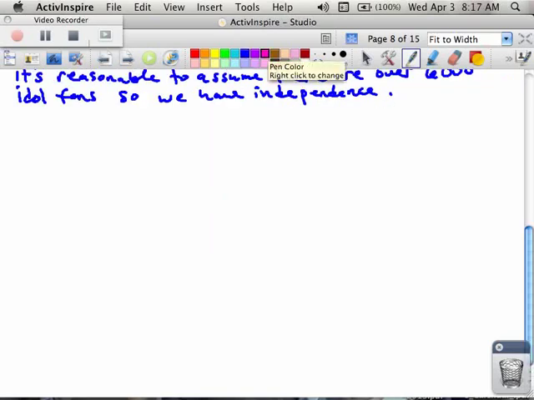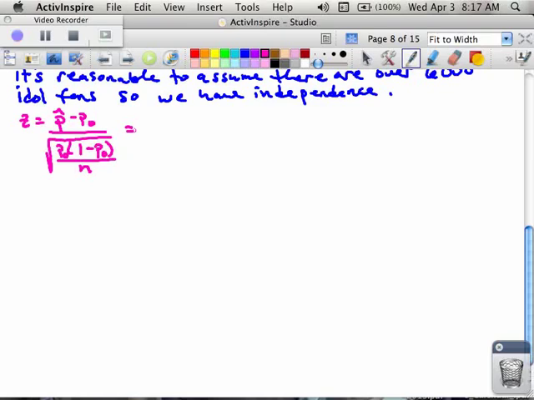So in our math part, we need to find our z first. We know that our z is equal to p hat minus p0 all over the square root of p0 times 1 minus p0 all over n. In our case, that would give us 0.0983 minus 0.0833.